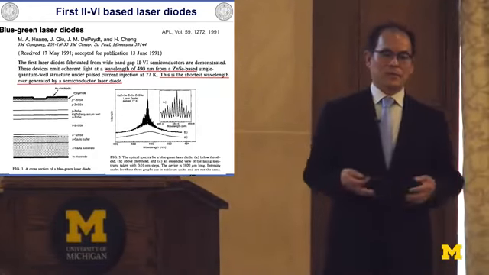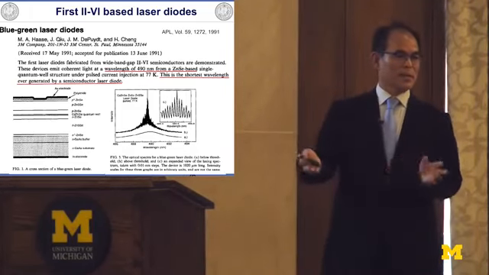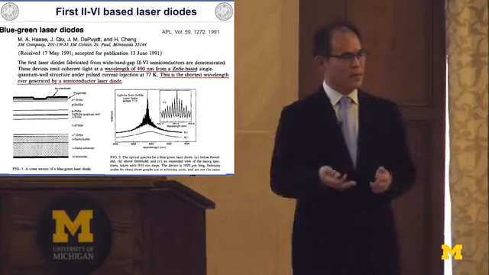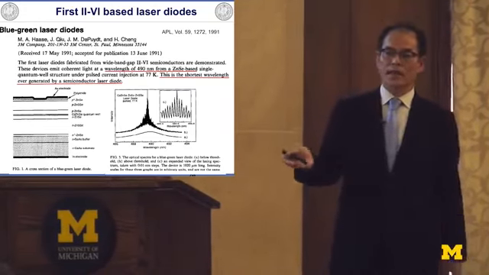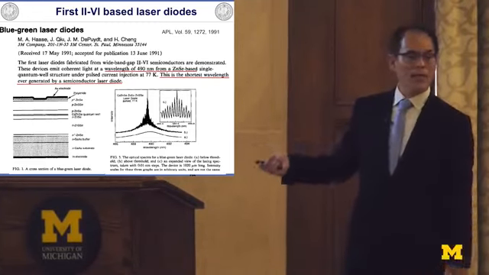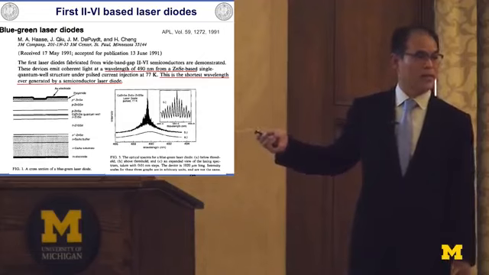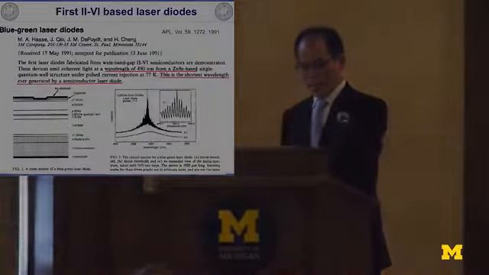To make a blue laser, everybody had to select zinc selenide. If some scientists still worked on gallium nitride, they were crazy. They had to give up. All science magazines and journals said zinc selenide wins. This was the most cited paper in 1991 and 92, so that's the reason for 92 in Japan.